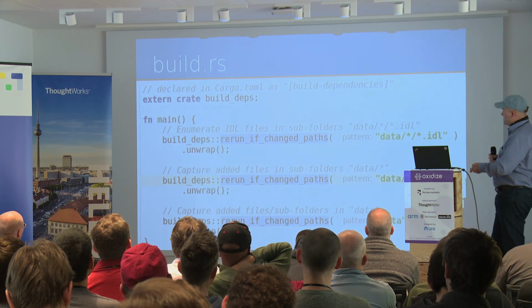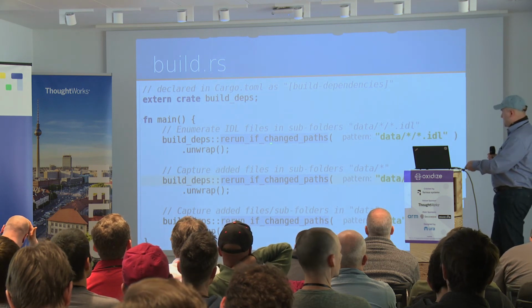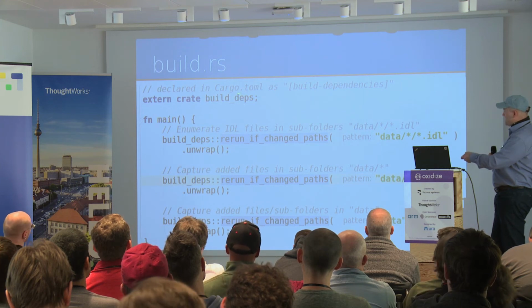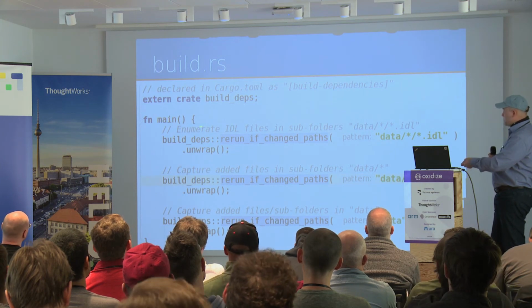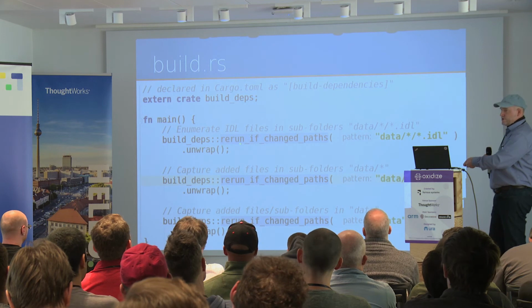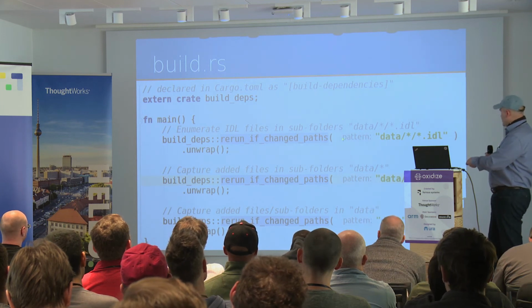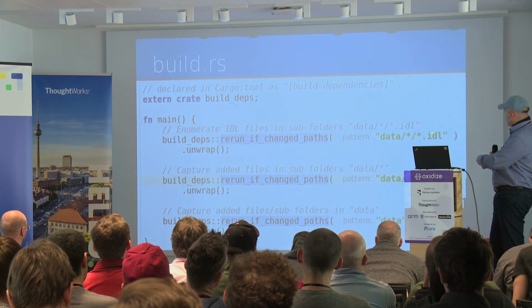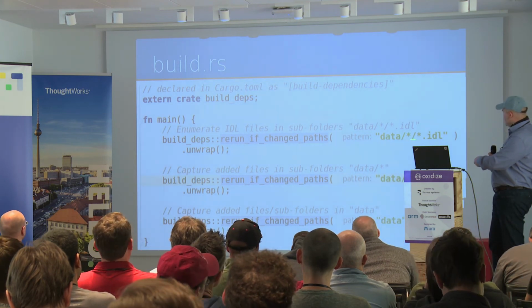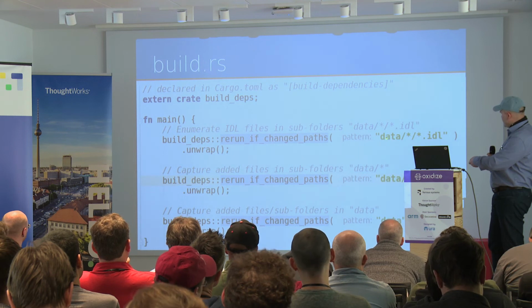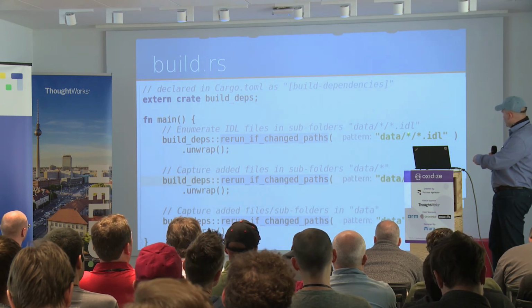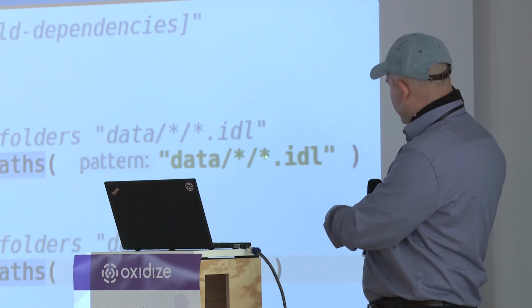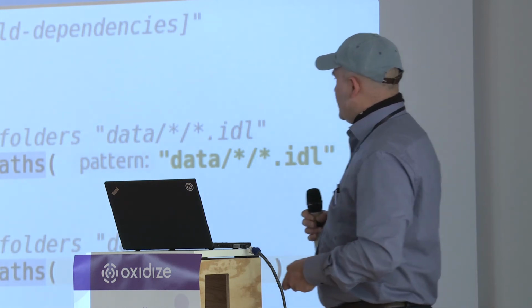So if we create a build script now, we depend on the build-deps crate, which is more or less just a two-liner. It expects the file pattern, in this case a subdirectory data with another subdirectory in there containing a file.idl.